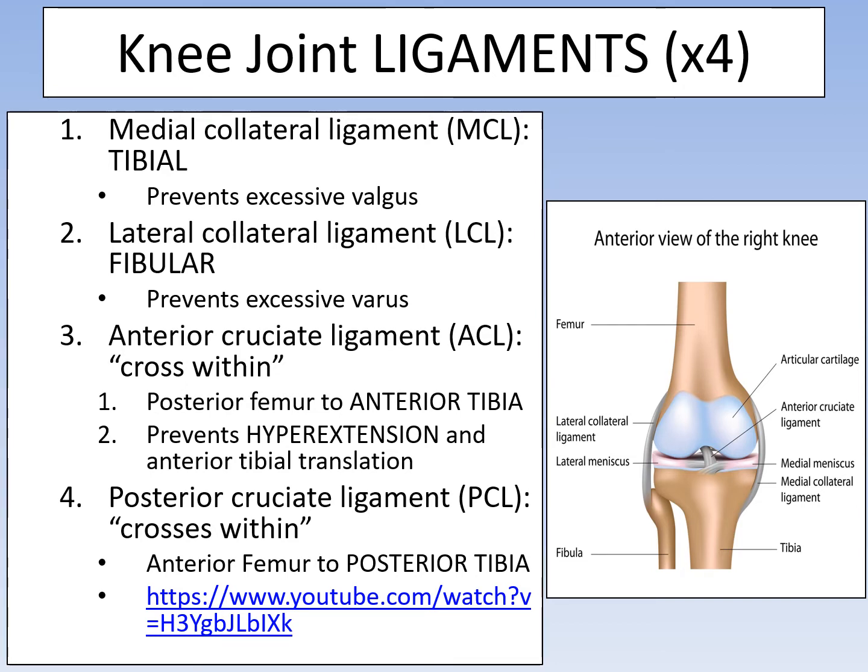So the anterior cruciate ligament will begin on the posterior femur and will attach then on the anterior tibia. Please watch the video that I have posted under this module. This will show a skeleton with the ligaments attached and seeing the forces that are placed on each of these ligaments as the knee moves through flexion and extension.